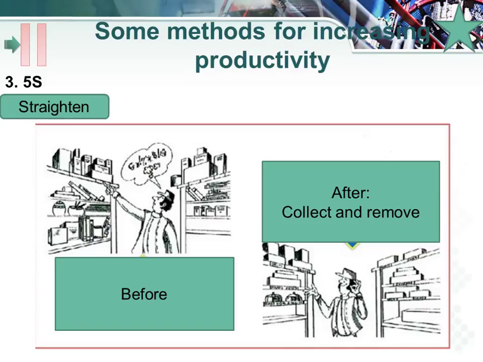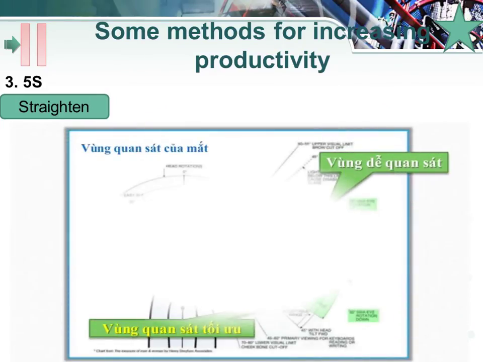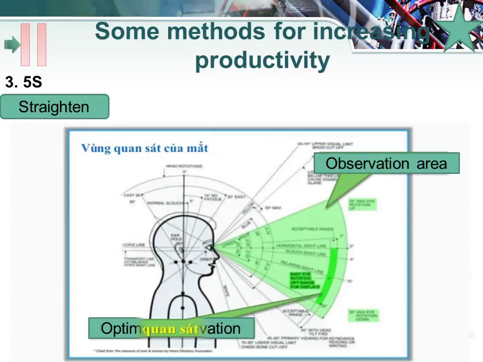You don't know how to get the item because it's very hard to find, but after organizing it, it becomes easier. The second example is about the area that the eye can watch and observe easily.